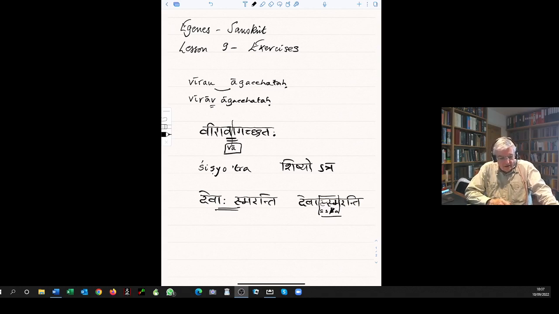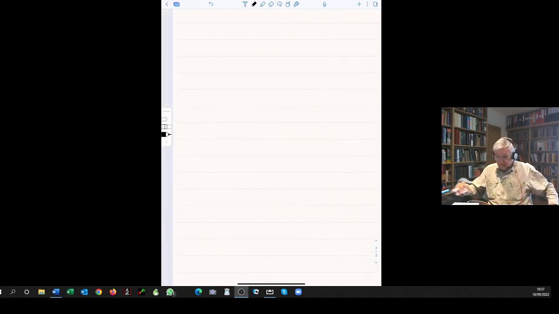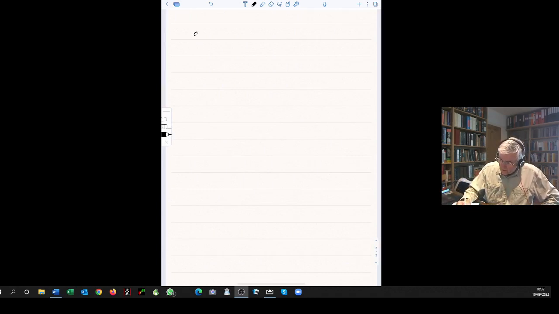Sentence D, Gajair viraha. Gajaihi, instrumental plural, with the elephants or by elephants. Gajaihi viraha.